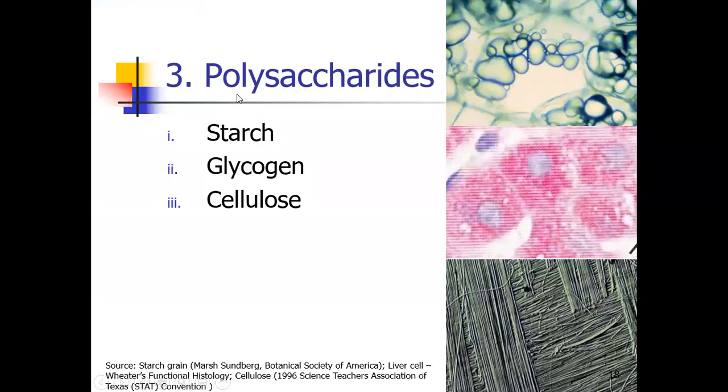There are 3 examples of polysaccharides you are going to learn in your syllabus. Firstly, starch. Secondly, glycogen. Thirdly, cellulose. In this lesson, we're going to look at starch and glycogen only.